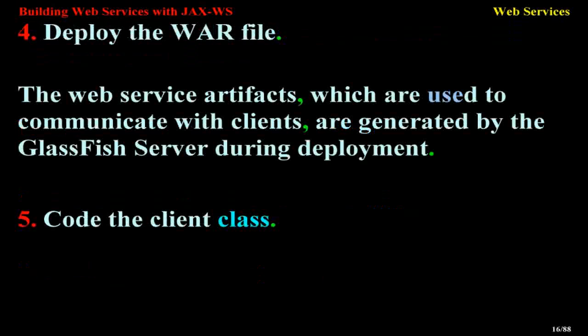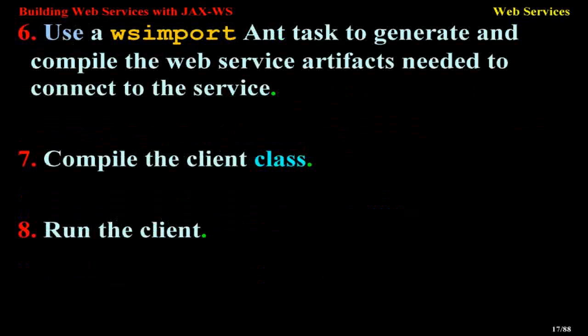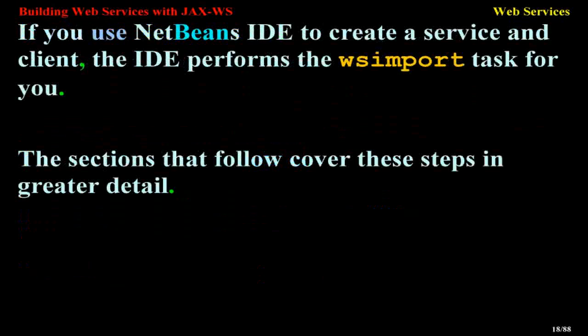Code the client class. Use a wsimport task to generate and compile the web service artifacts needed to connect to the service. Compile the client class. Run the client. If you use the NetBeans IDE to create a service and client, the IDE performs the wsimport task for you. The sections that follow cover these steps in greater detail.